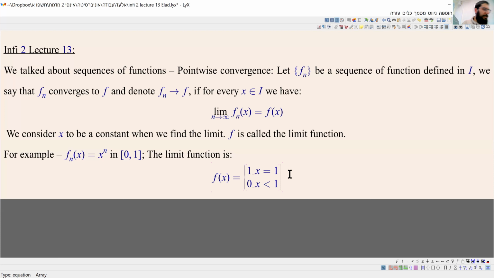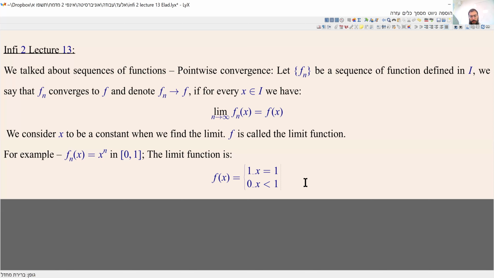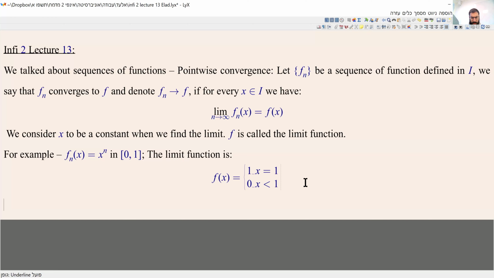And then we can ask ourselves the same questions we asked on Sunday, but today some of the answers, not all of them, are going to be yes, not just no, no, no. So this is our main notion today, the uniform convergence.